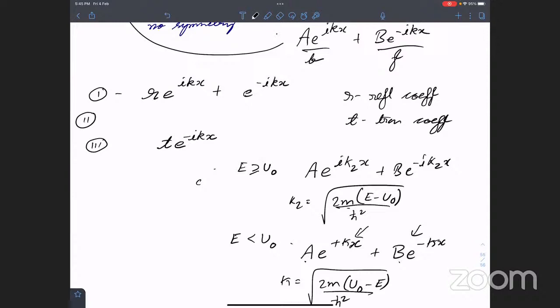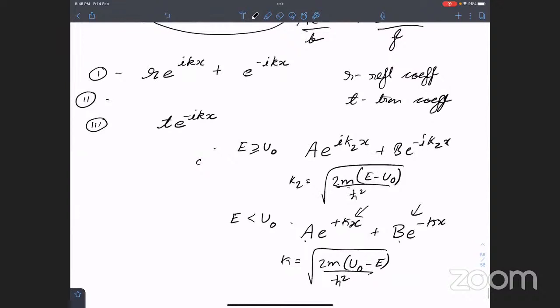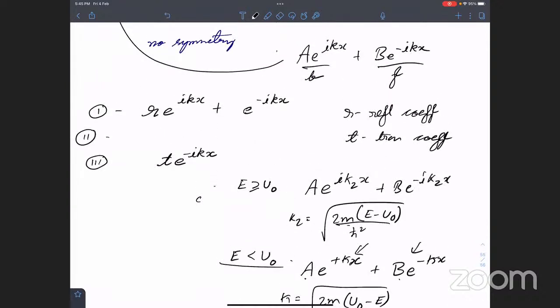So for the tunneling states, when E is less than U naught, I can write the solution as A e to the power minus kappa x plus B e to the power plus kappa x. Straight away, I wrote my final solution in this way.